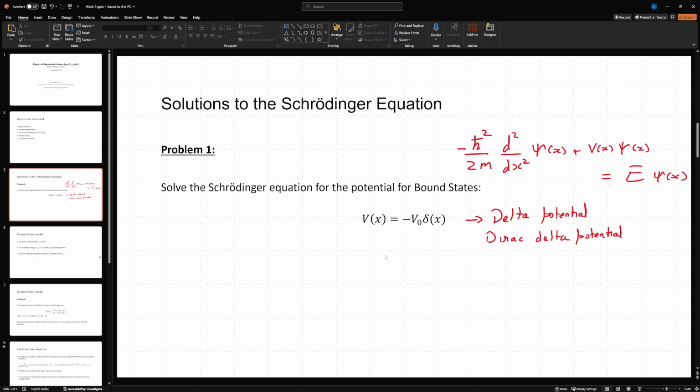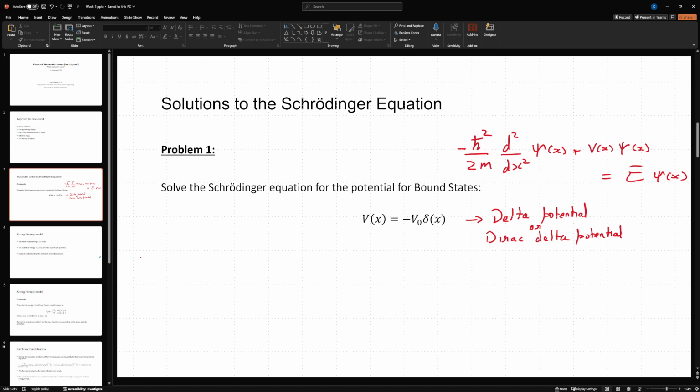The first being, of course, it is an example of how to solve the Schrodinger equation for certain special types of potentials. And second, this is also an introduction to the idea of the Dirac delta function, which will have some applications as we go through this course. This function will appear multiple times in the duration of this course.